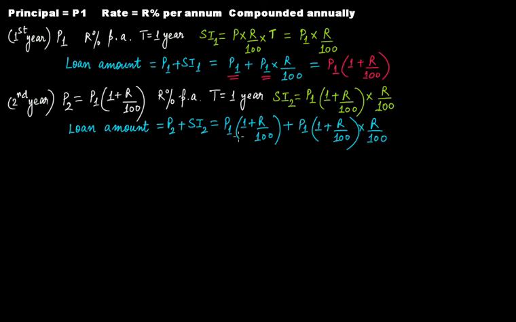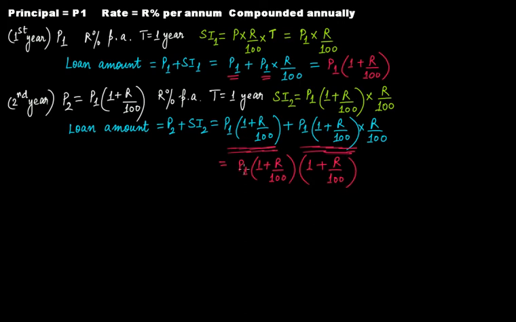Now if you look at this properly, this is the addition sign, right? This term is common in both these terms. So if you solve it and take this common, this is P1 times 1 plus R by 100. Taking this common, you will have 1 plus, and you are left with R by 100.